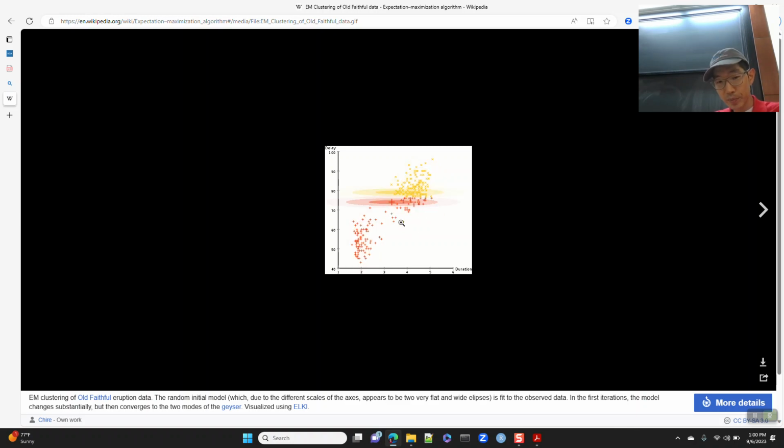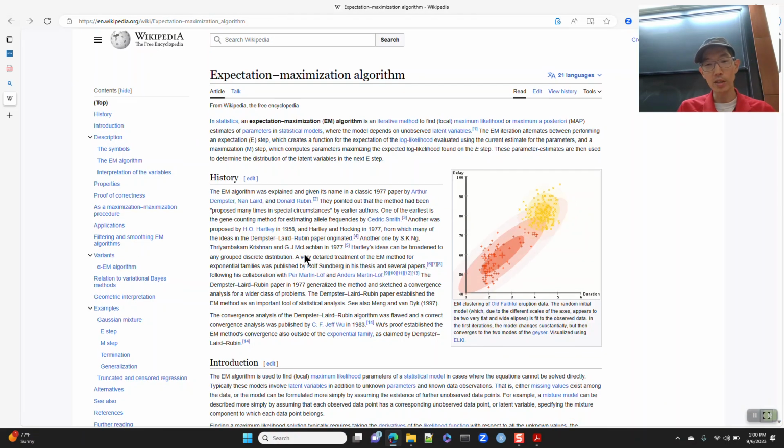The initial thing starts off with bad parameter estimates, where the centers are up there and there, but again, after you reassign, it converges to these different things.